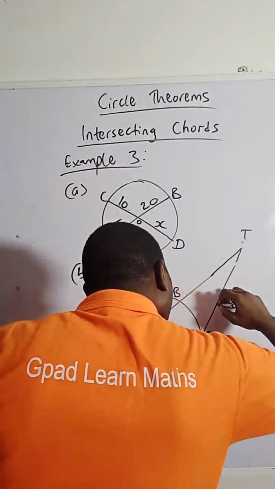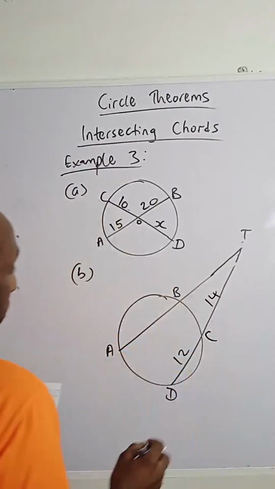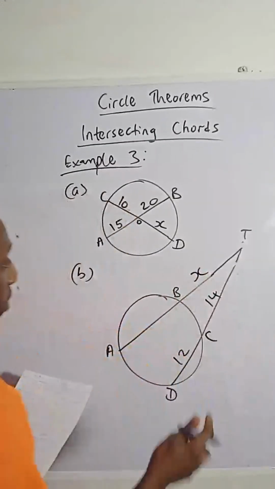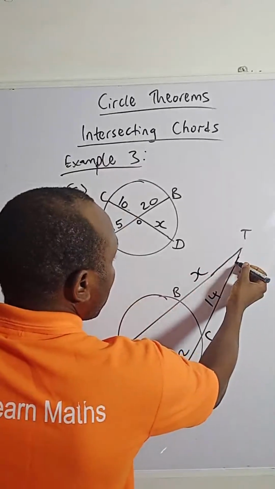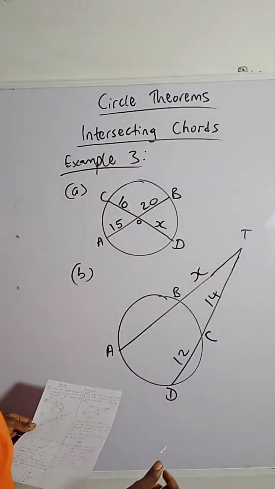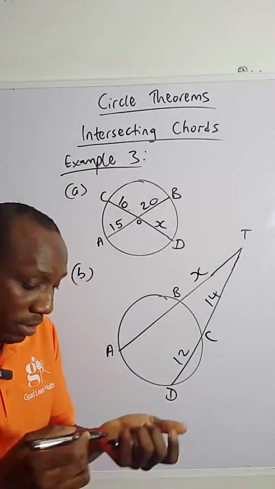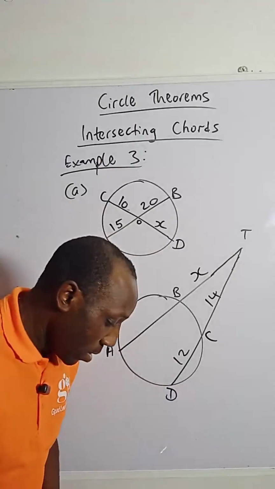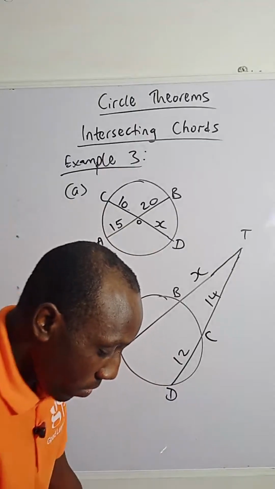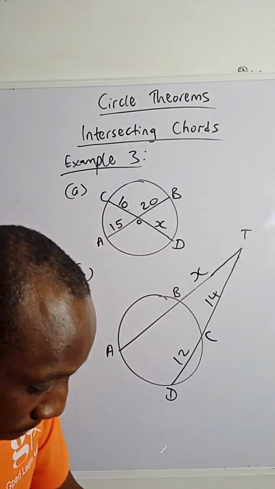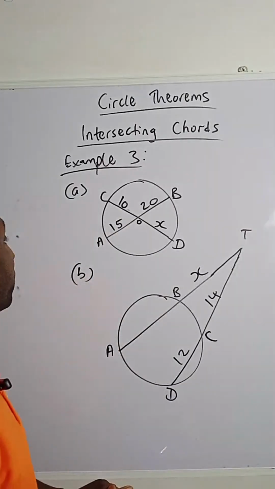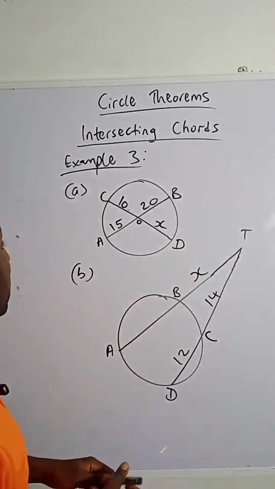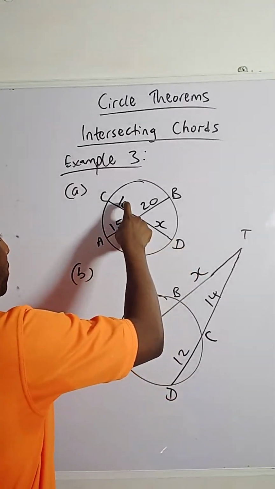This is 14. This is X. So we have 2 questions. Now the unit you have for all of them is centimeters. So work in centimeters, all right? If you have done A, let me know the answer for A. And let me know the answer for B.